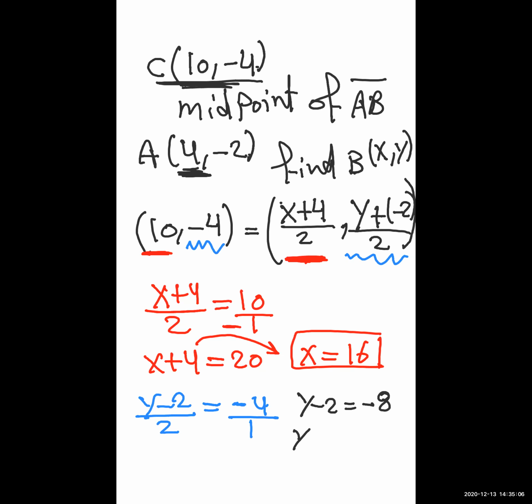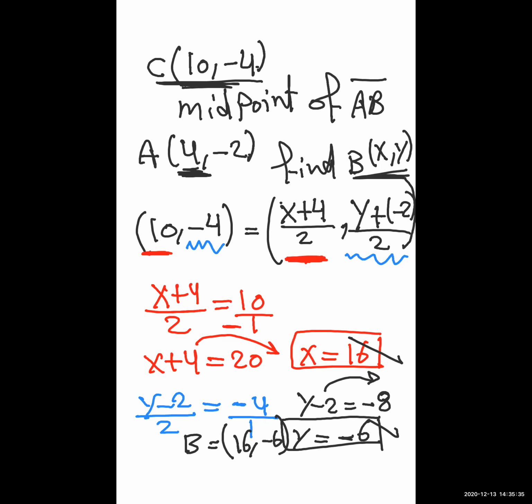So now y will equal, just shift this number to the other side. It's a -2, so it will be positive. So -8 plus 2, so y will equal -6. Now, guys, the point B, we said that it's x and y, so B equals x, which is 16, and y, which is -6.